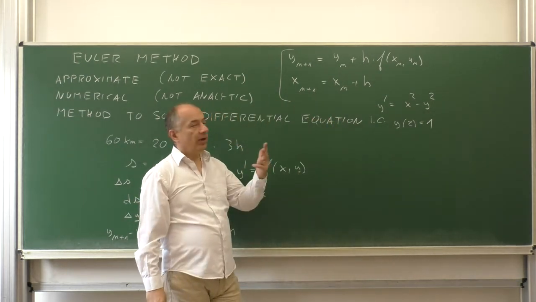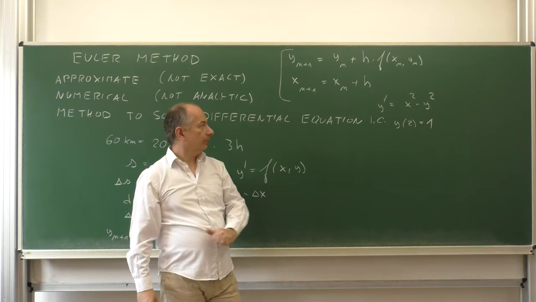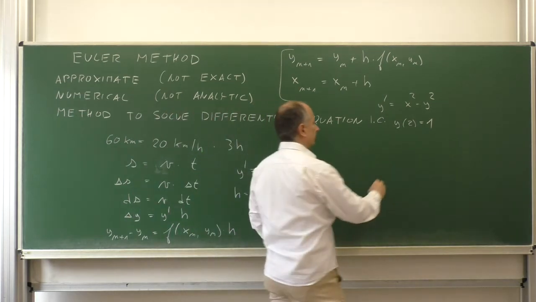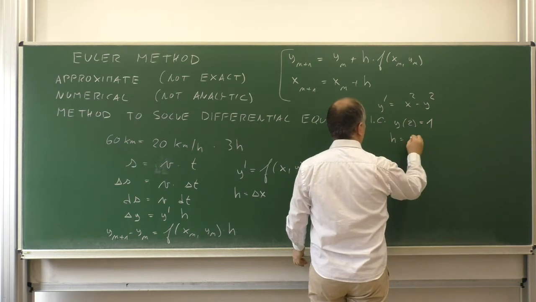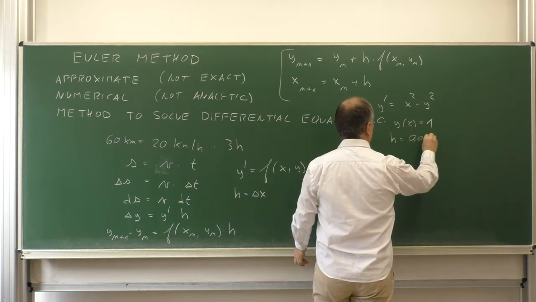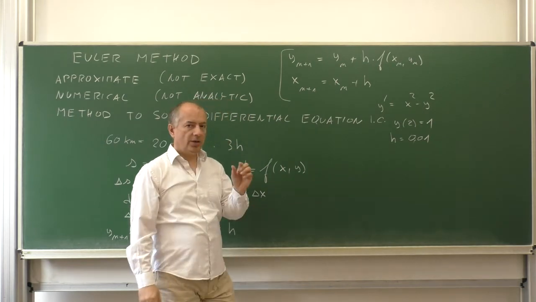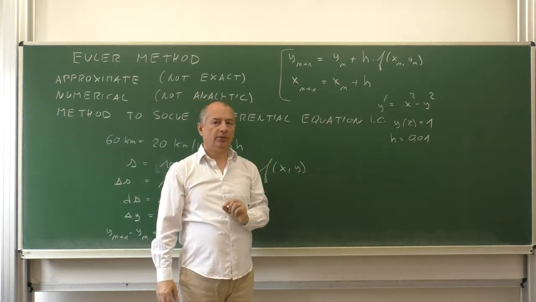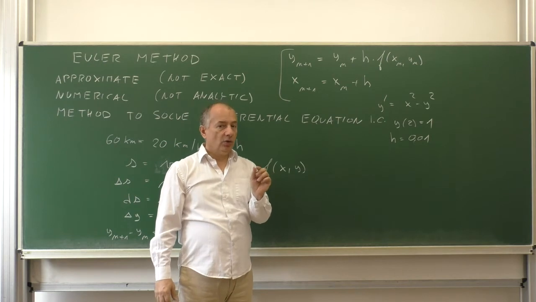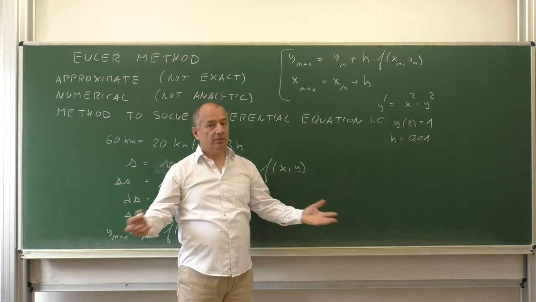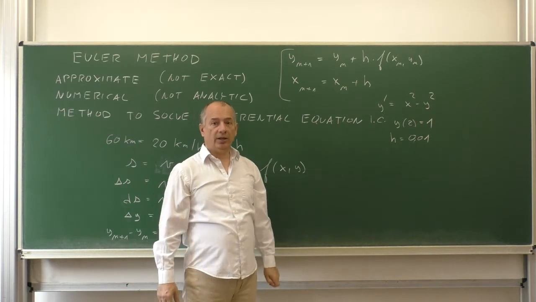So we need three things: the differential equation, the initial condition, and the step size h. So consider the step size, say 0.01. Usually the step size h should be a small positive number. The smaller h, the more precise is the result, but the longer time it takes.